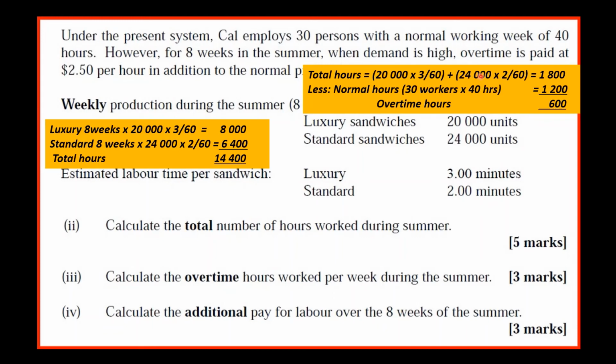We add the two together, we get 1800 hours. And we minus the normal hours from that. 30 workers by 40 hours. That's up here. That's the normal hours. We get 1200. Overtime hours, therefore, is 600 hours.